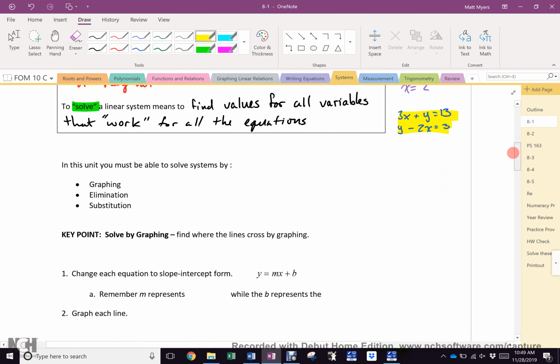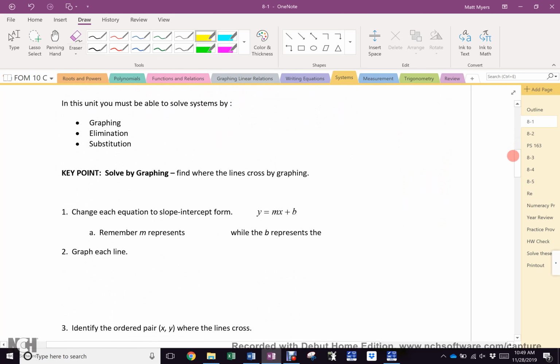yeah? Now remember, there's 3 ways to do this. We're only doing graphing today because that will reinforce what's on our test tomorrow, yeah? Okay, so you're smart kids. There is a red line, yes? What do you know about that line? Does it have an equation? Obviously.